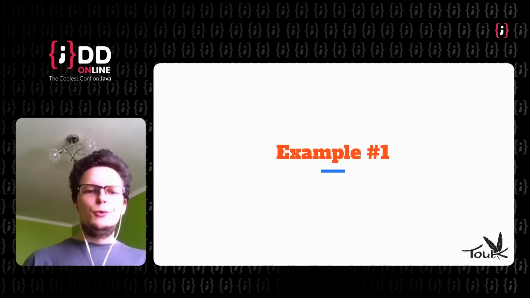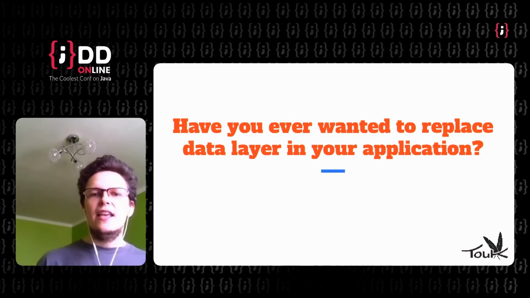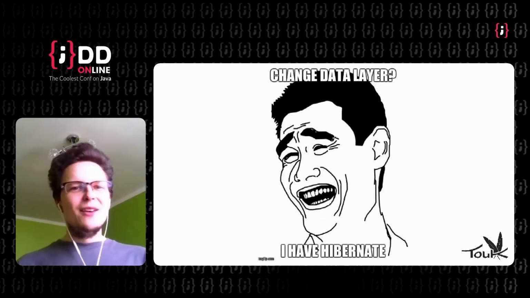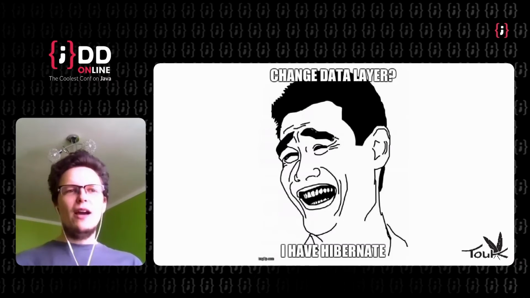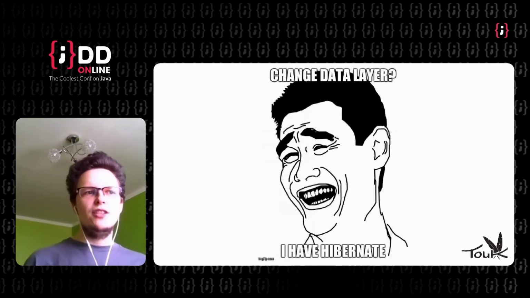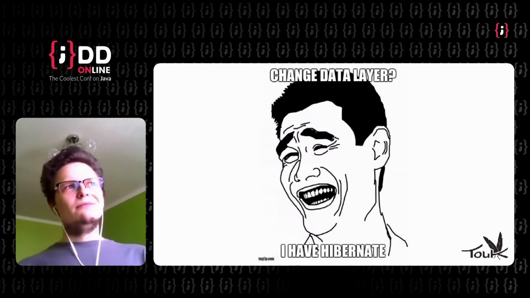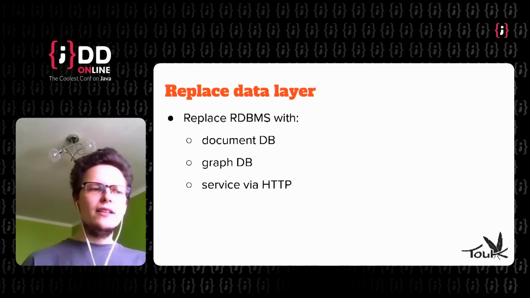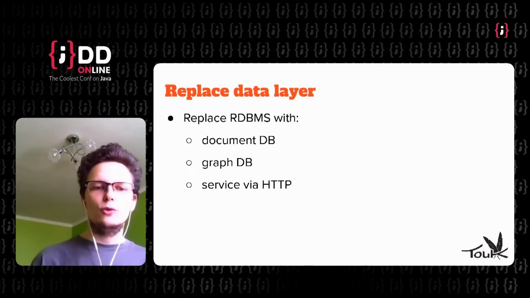I would provide two simple examples. First, have you ever wanted to replace the data layer in your application? You say, what? For what? I have used Hibernate, so why should I even want to change our data access layer? Probably that was true some years ago, but currently we are living in a world with a more polyglot persistence approach to programming.